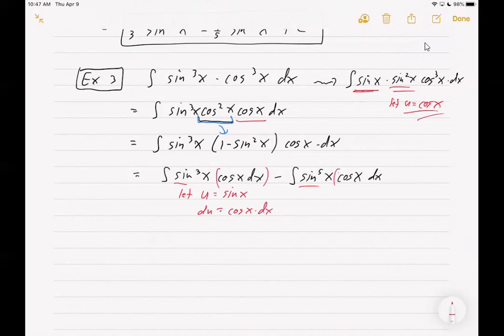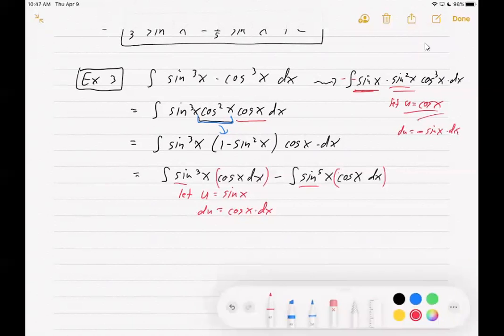So both of these have a du. If you use this one up here, you would have du is equal to a negative sine x dx. So you would have to introduce a double negative sign in order to get things to work out nicely. So I prefer the method I'm doing here. Let's keep going with this.